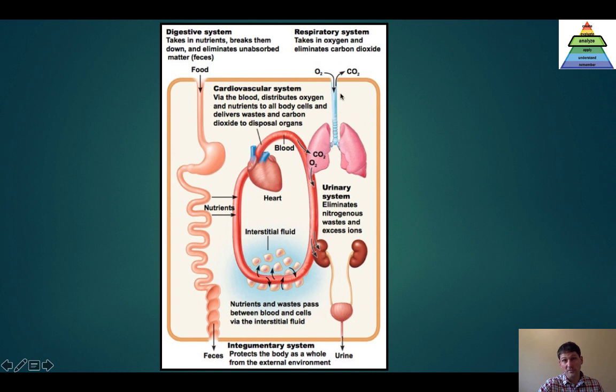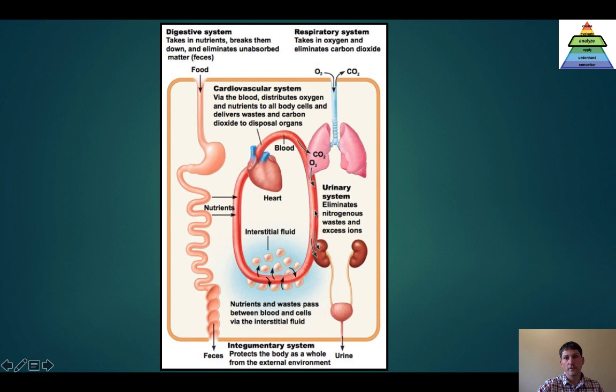Our respiratory system also engages and interacts with all of this because O2 and CO2 are then cycled throughout our blood, O2 into our cells, CO2 back out of the system.